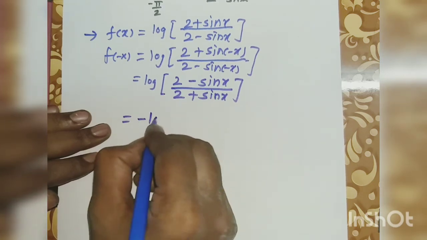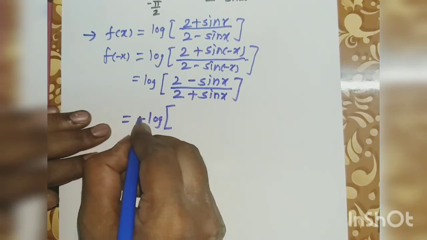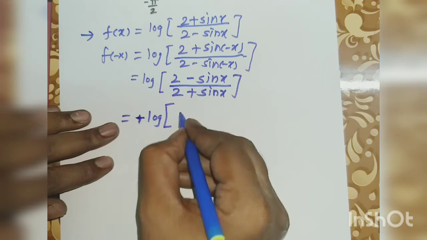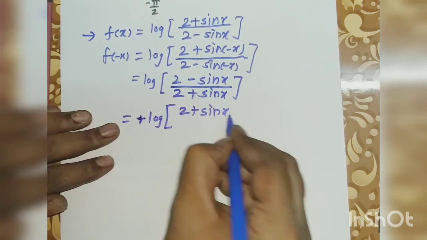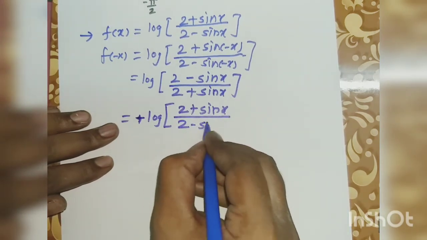We take this sign as plus: log of 2 plus sin x in the numerator divided by 2 minus sin x in the denominator.